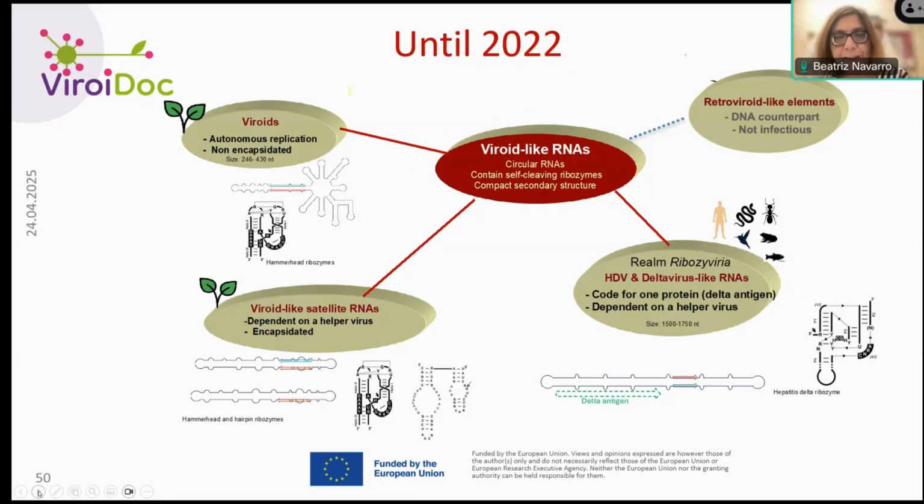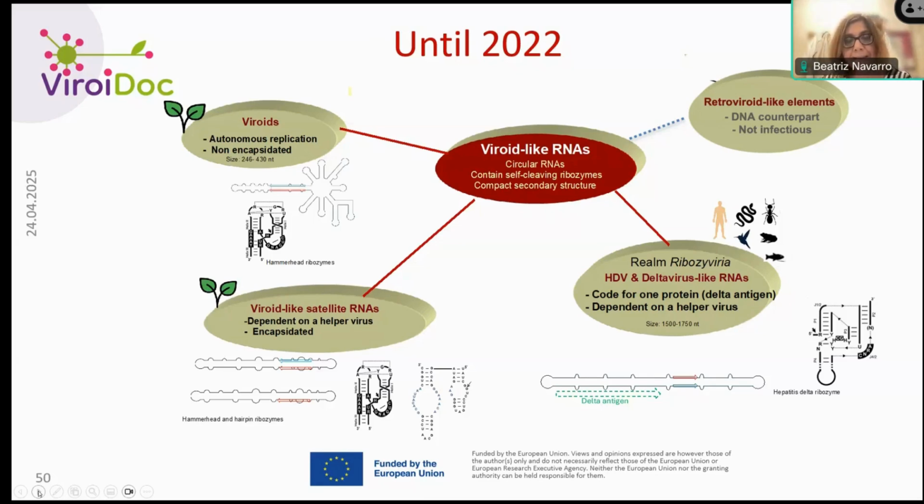Another type of viroid-like RNAs are those belonging to the realm Ribozyviria. One of them, the first identified, was the hepatitis delta virus that infects humans. Delta virus-like RNAs have also been identified in animals like snakes, birds, fishes, and termites.